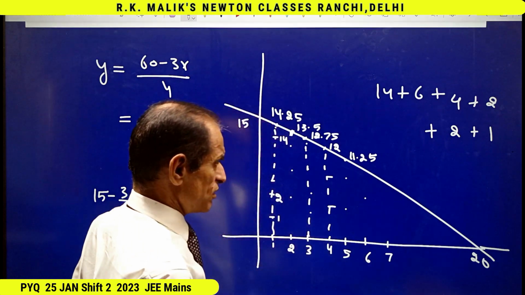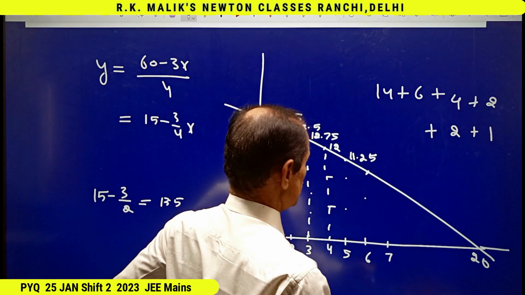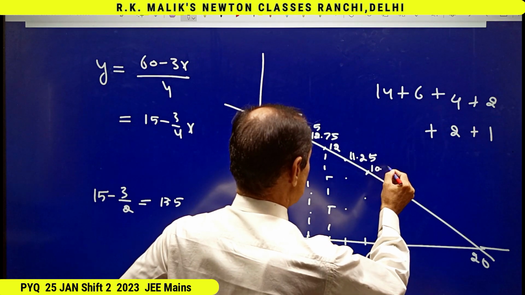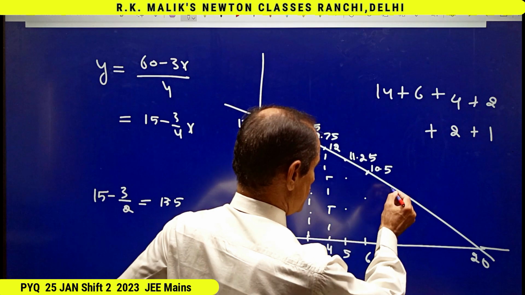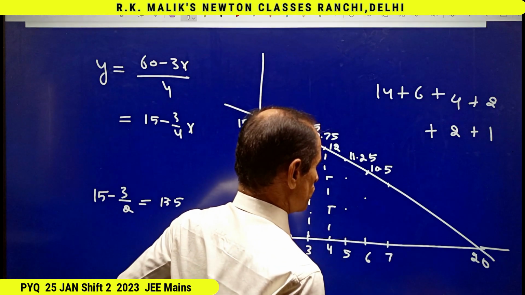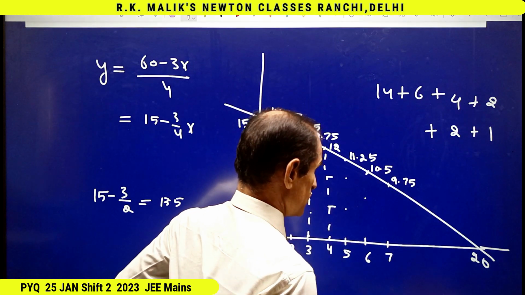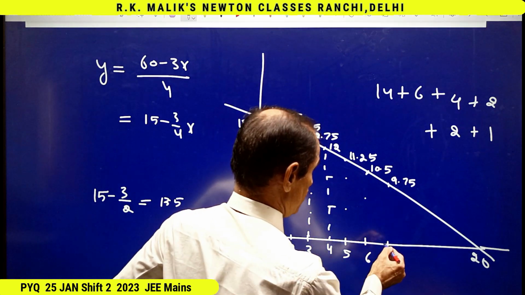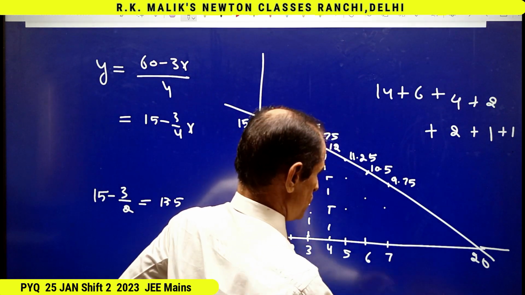For 7, the earlier point was having y coordinate 10.5, and for this point y coordinate will be 9.75. Therefore, for 7, 1 point will be there.